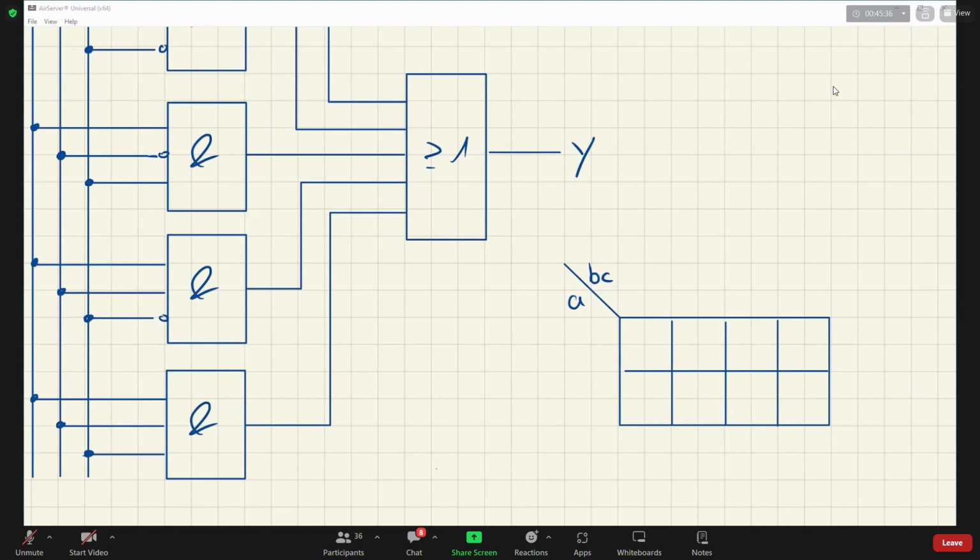The important thing is to write here as a gray code. So 0, 0, 0, 1, 1, 1, 1, 0. And here we just have 0 and 1. And again, let me just add, that's nothing else than B naught, C naught; B naught, C; B, C; and B, C naught; and A naught, A.